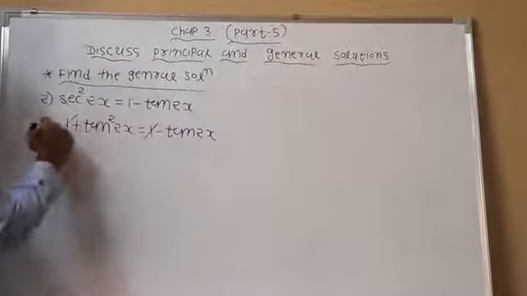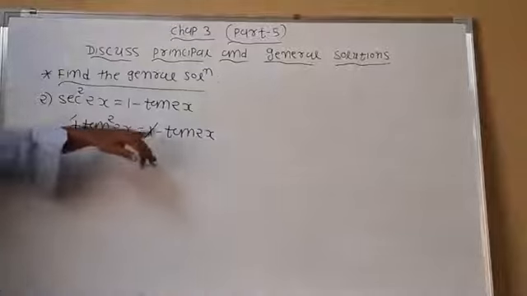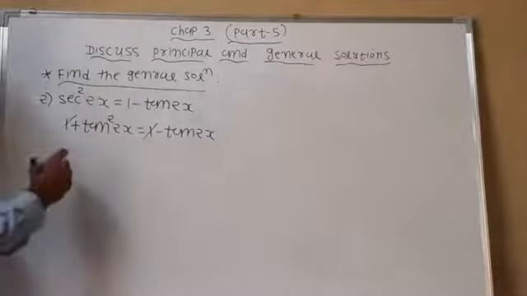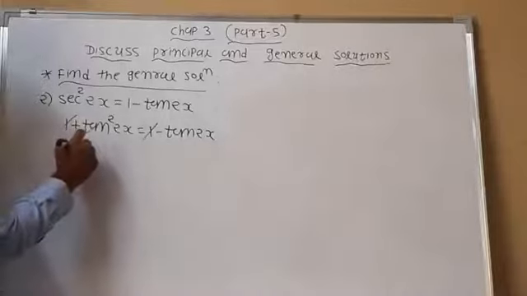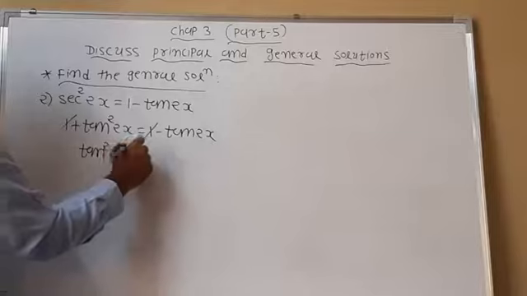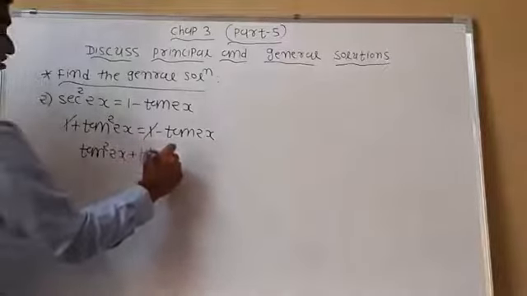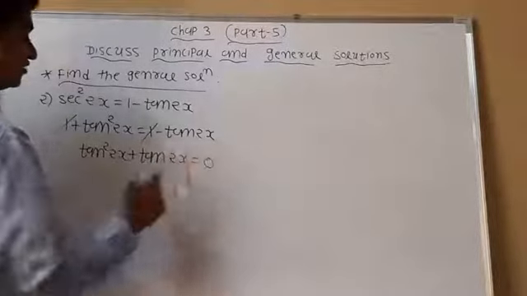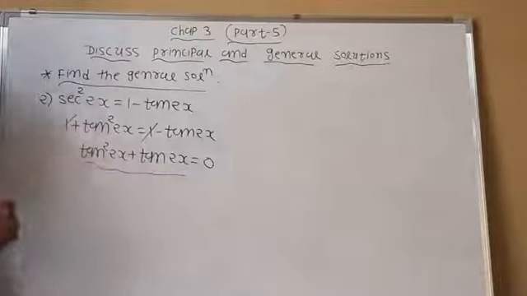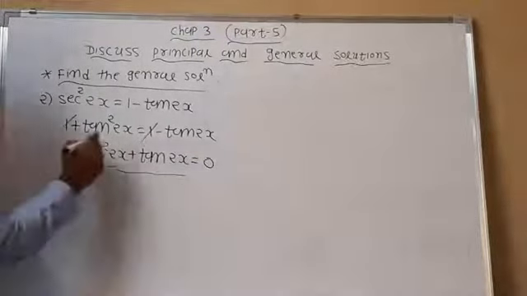Now 1 cancels out. This negative term we write on the opposite side, so change the sign. So therefore tan square 2x plus tan 2x is equal to 0. Now which term can we take common here?